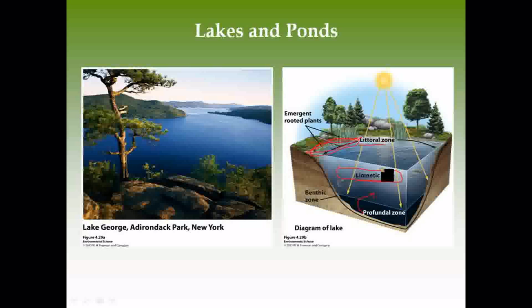The limnetic zone is down a little bit deeper, the midsection of the lake, and the bottom layer of the water is called the profundal zone. So there's going to be less fish, there's less NPP in the profundal zone, so there's going to be less fish in this region than there are up in the limnetic zone. And then the very, very muddy bottom is called the benthic zone. Of course, there's a lot of decomposers that live in the benthic zone.